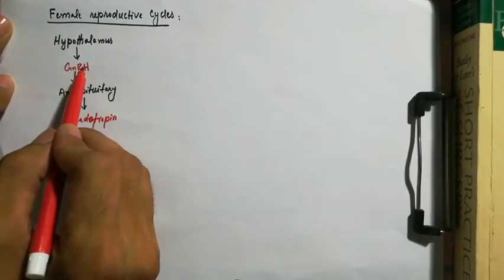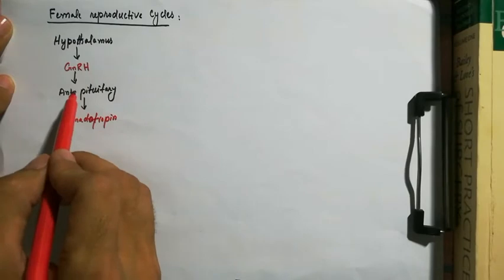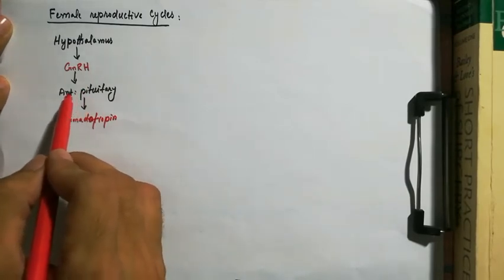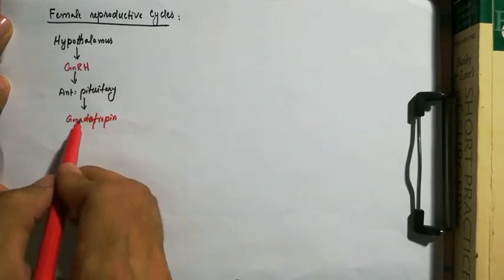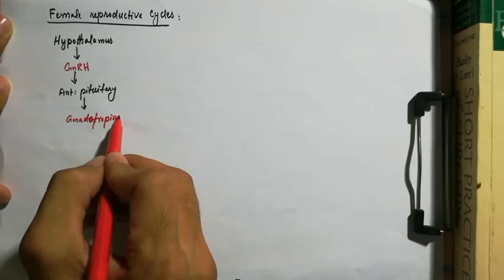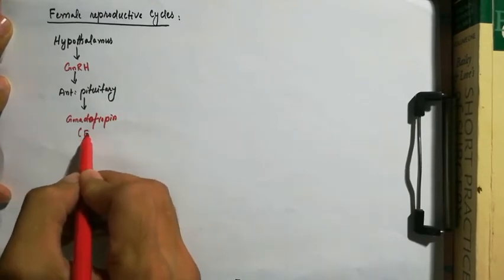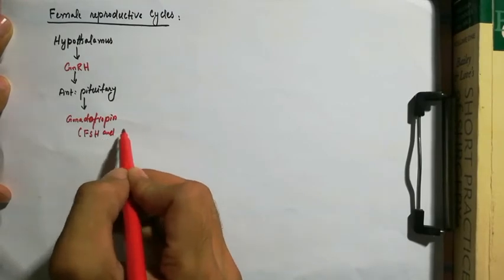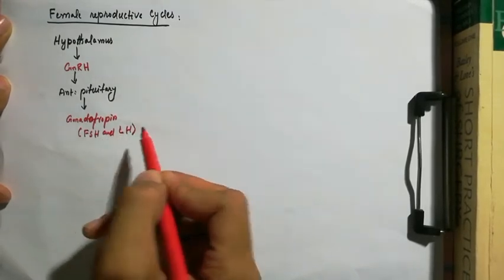Gonadotropin releasing hormone acts on anterior pituitary, and as a result anterior pituitary gland secretes gonadotropins. There are two gonadotropin hormones: follicle stimulating hormone and luteinizing hormone.